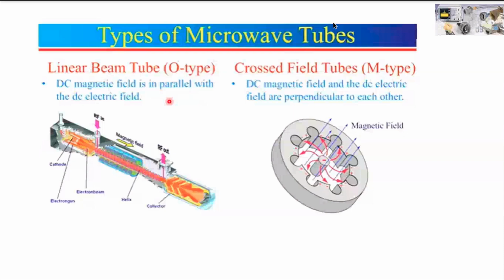After getting this potential energy, the electron moves to the microwave interaction region, where the potential energy is converted into kinetic energy. From here you are supplying energy, and in this particular space the entire interaction between electron and RF voltage takes place, and at the end you get the output at this particular place.